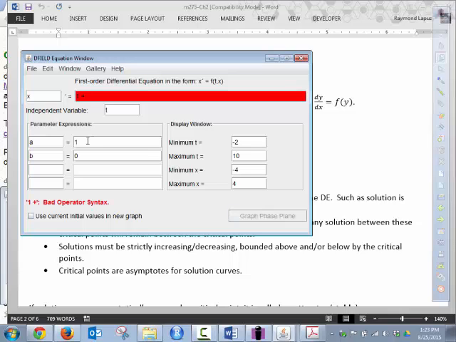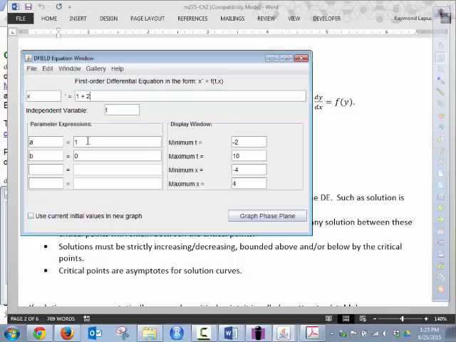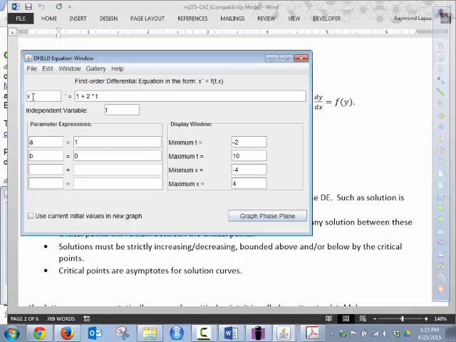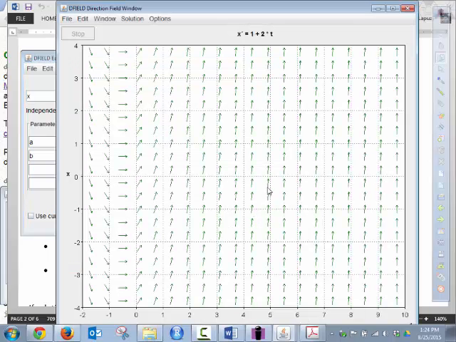Oh. 1 plus 2 times t, right? Because our x is our independent variable, and see, it gets all messed up already. We'll keep the display window. Should we keep the display window?